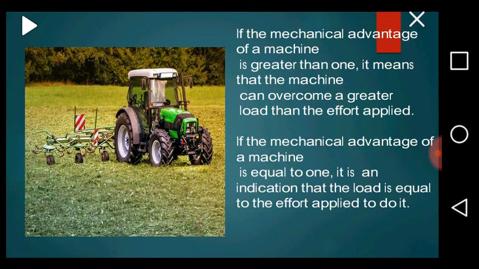But in practical sense, this is not achievable due to friction. Now, friction is the force that opposes the motion of moving parts of a machine. So due to friction, no machine is 100% efficient.